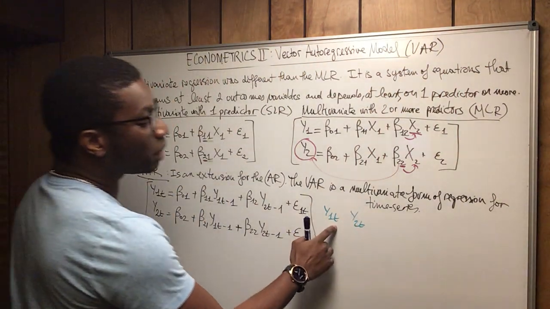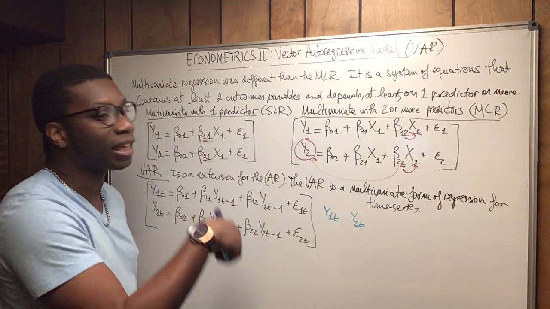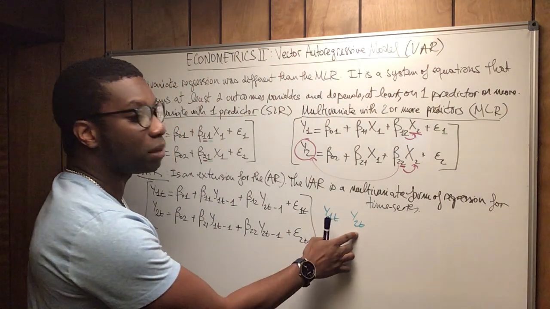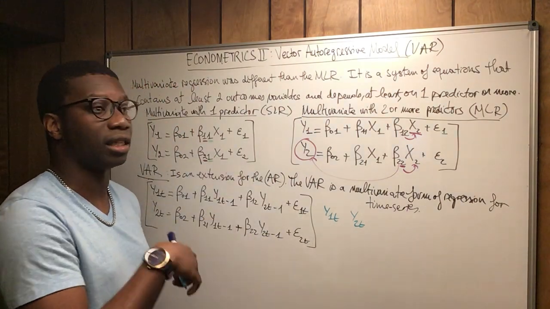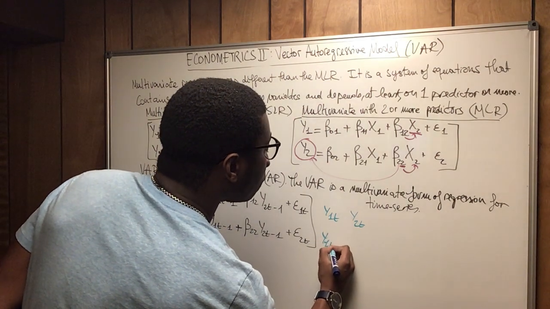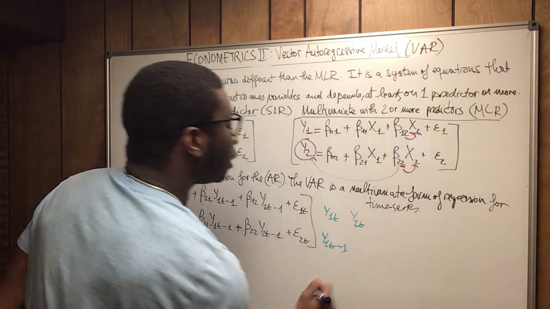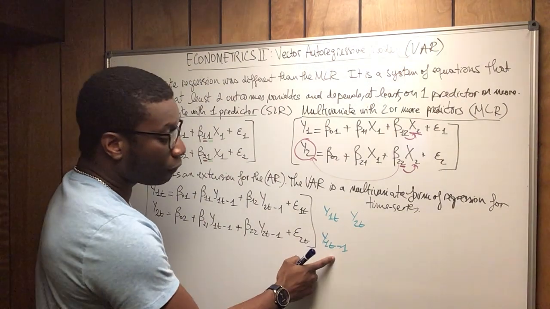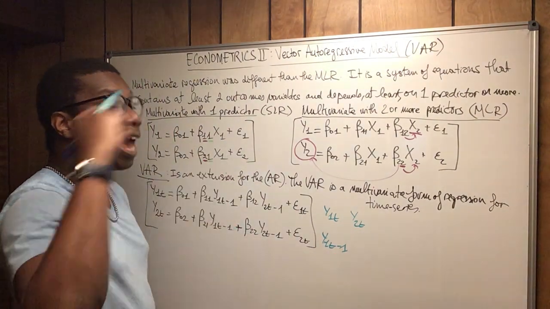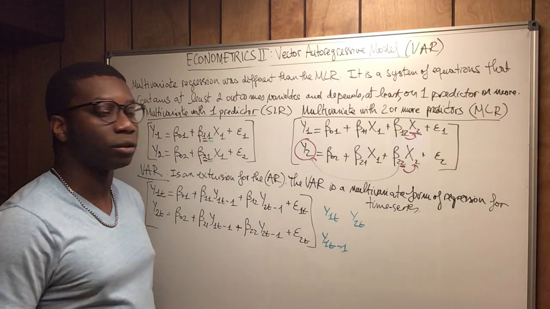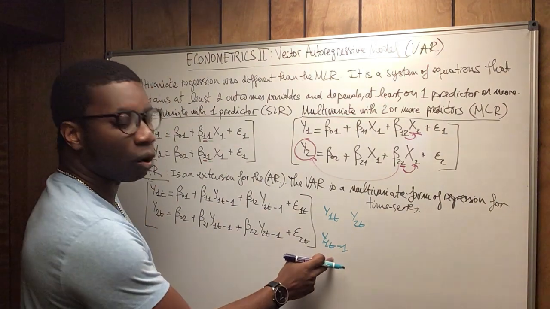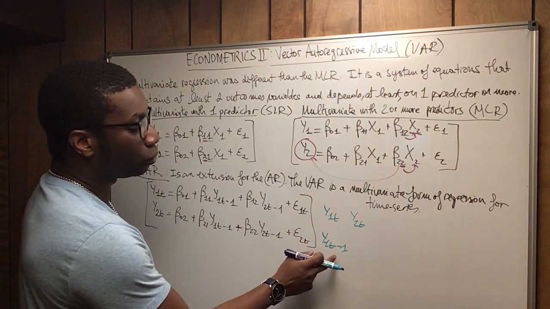Y1T means this is the current time at which you're selling the apples, and Y2T means it's the current time at which you're selling the oranges. When you have Y1T minus 1, it means this is the value of the apples that you sold last month, last week, or last year, whatever time unit you're using. It's the previous value of the apples you sold.